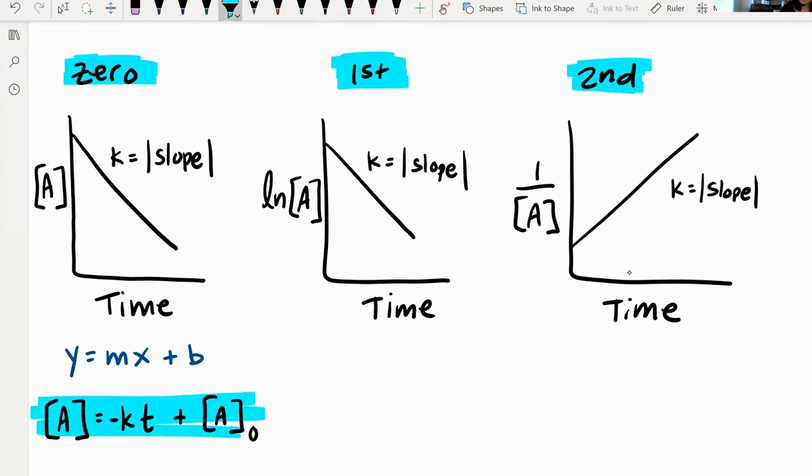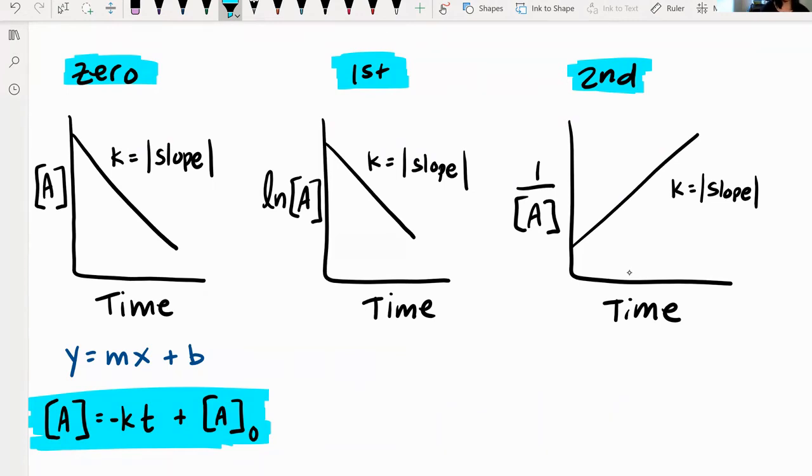This is what we use when we have time and concentration in the same question. You're either going to be given the time and asked to solve for concentration, or vice versa. You'll be given the concentration and asked to solve for time. Okay, that's the one you're going to use if we determine it's 0th order.